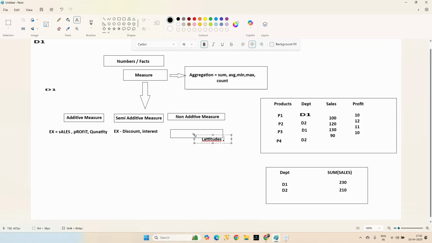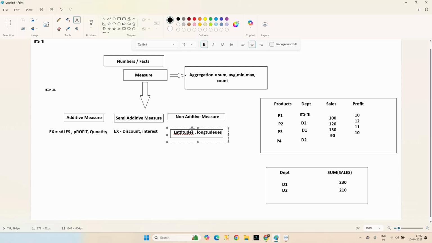If you're applying any aggregation on these measures, we are not getting any meaningful output. Thanks, guys. I hope you understand the concept.